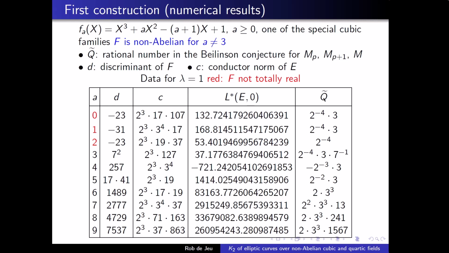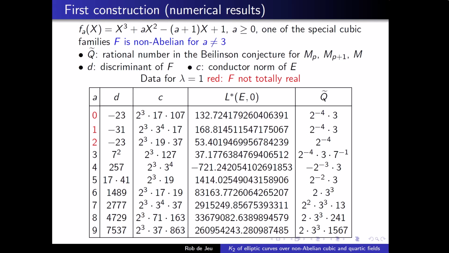Right, so well, this one comes out, the field tends to be totally real, and normally you see a big difference if you go from not totally real to totally real. You do get some big prime numbers. So let me just put this into perspective.